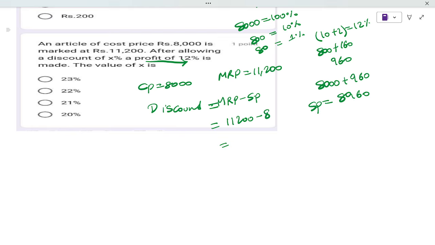Now we need to subtract these two: 11,200 minus 8,960, and we get 2,240. So the discount is 2,240, and we need its percent. The discount is 2,240 divided by the market price, because the discount is given on the market price: 11,200, into 100.